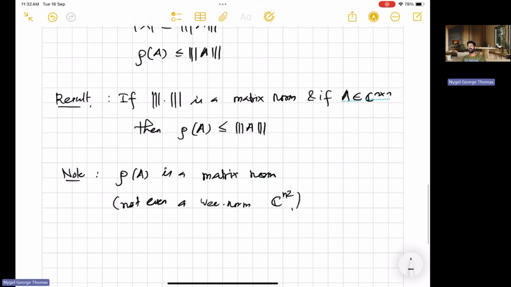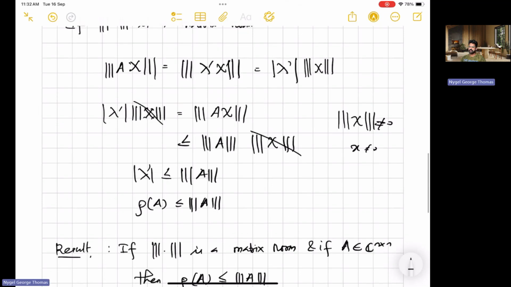We've seen that any matrix can be stacked up as a single column of n squared terms, and you can take any vector norm. But if you define rho of A this way, it's not a matrix norm; it doesn't even satisfy the first three properties, up to the triangle inequality. Okay, let's end this discussion here.